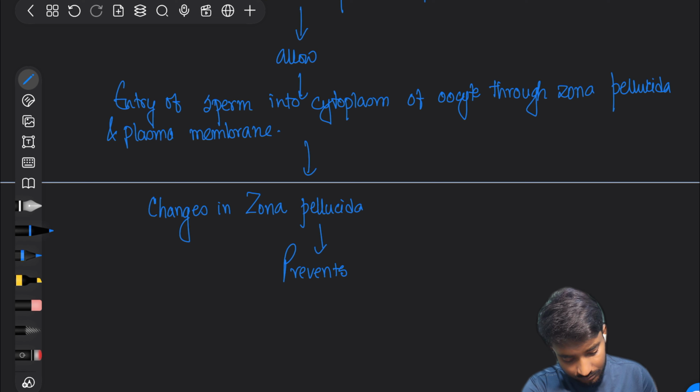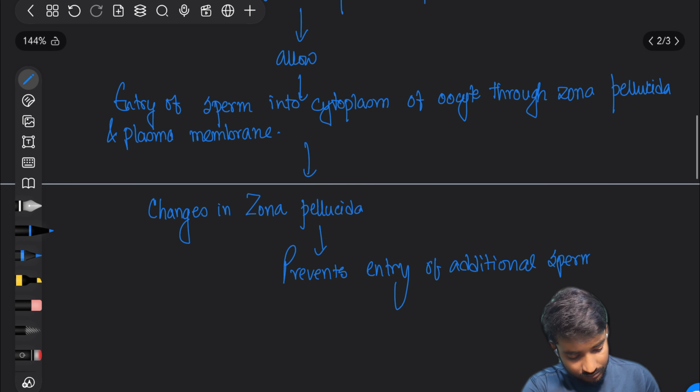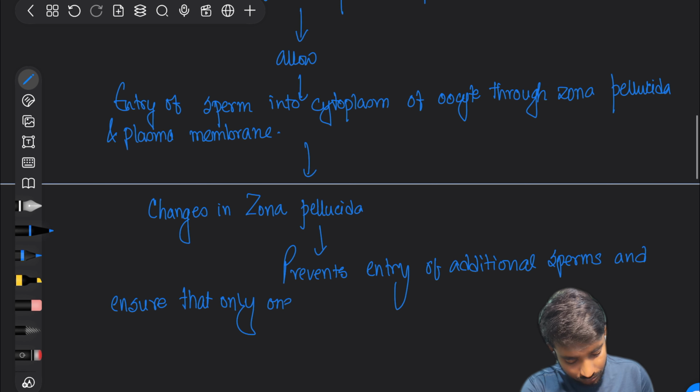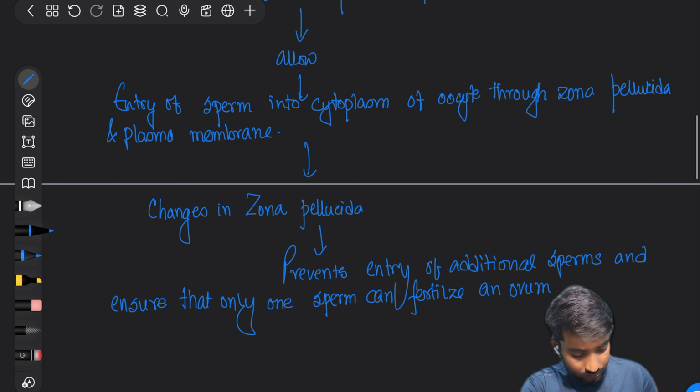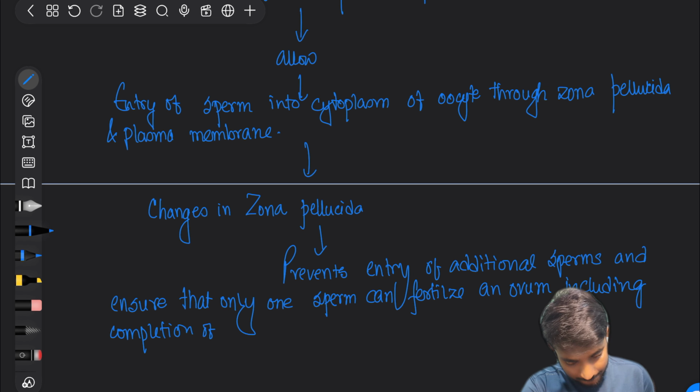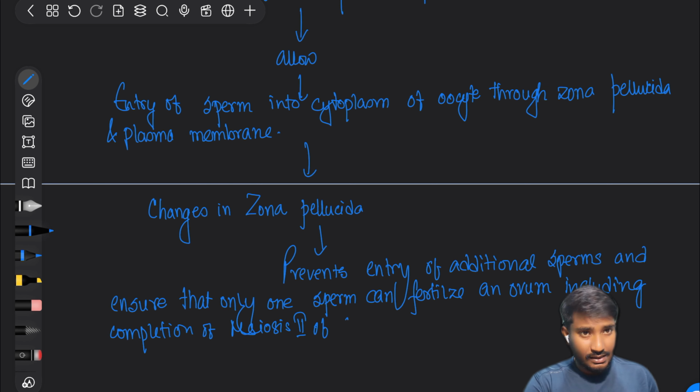It prevents the entry of additional sperms and ensures that only one sperm can fertilize an ovum, including completion of meiosis II of the secondary oocyte.